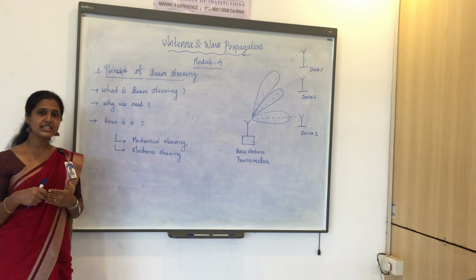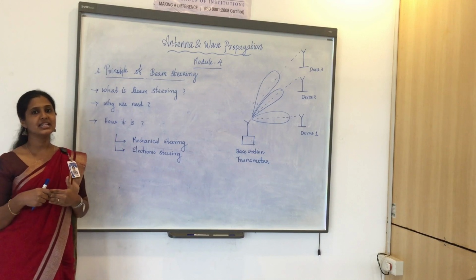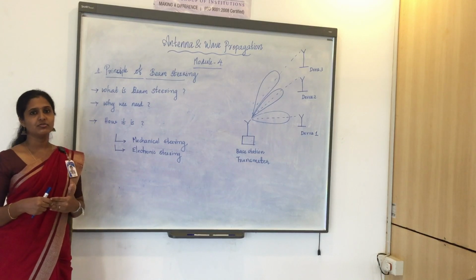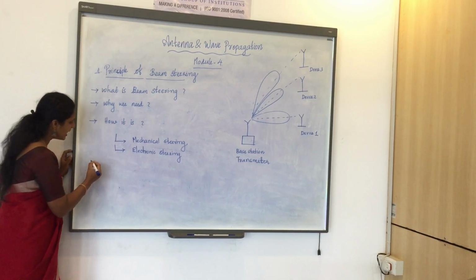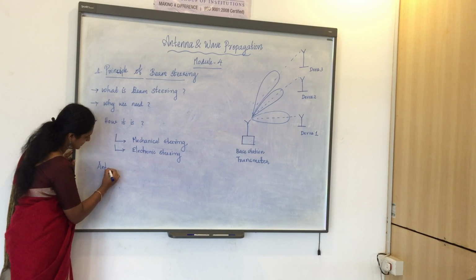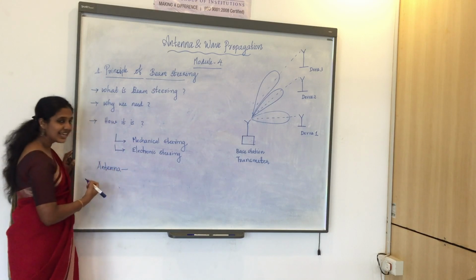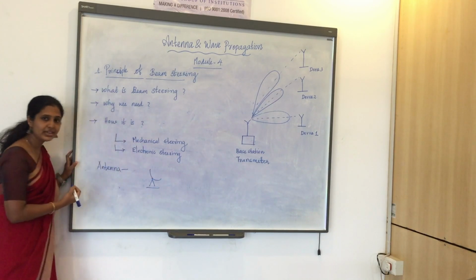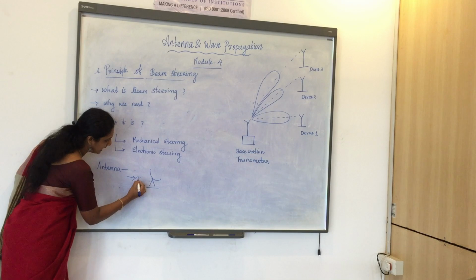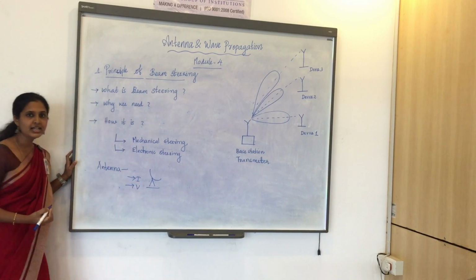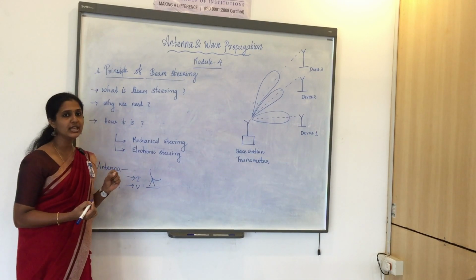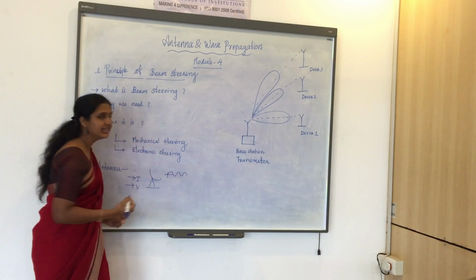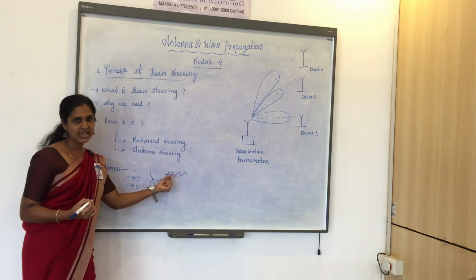Okay, then why do we need beam steering? In some applications we need beam steering. That is because, we all know, an antenna is a radiating element which converts the current or voltage we give to it into corresponding electromagnetic radiation, and the antenna propagates that radiation into space.